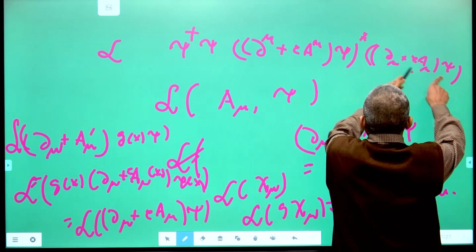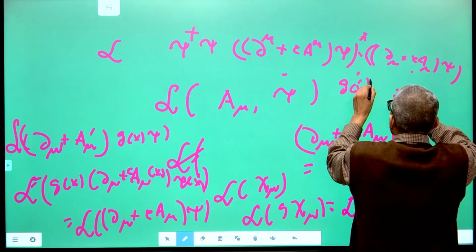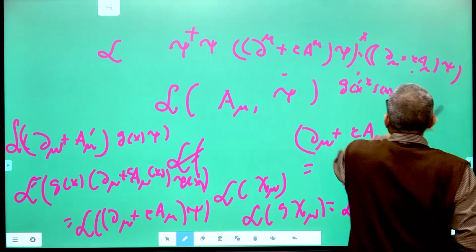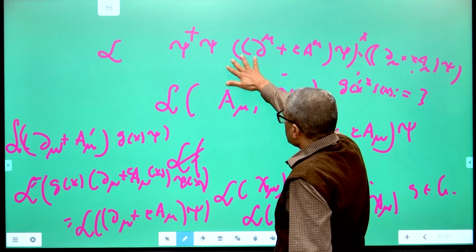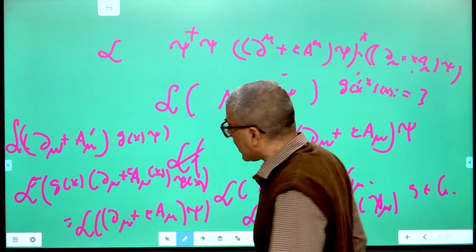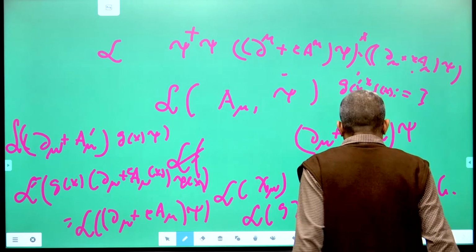If you apply a gauge transformation, Gx comes out here, Gx star comes out there, and Gx star Gx is identity because it is a subgroup of SUN. So you get an invariant Lagrangian density function.